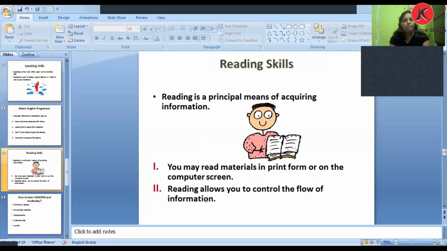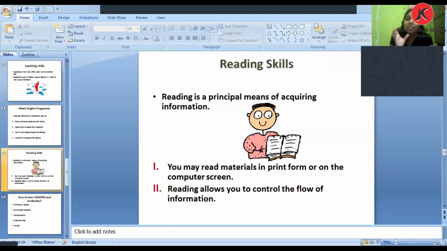Now let's talk about reading skill. Reading is a principal means of acquiring information. See here the meaning of the reading skill: acquiring information. Right now, you are doing this in other subjects. If you are talking about physics, chemistry or math, you are just acquiring information because you are using the reading skill.